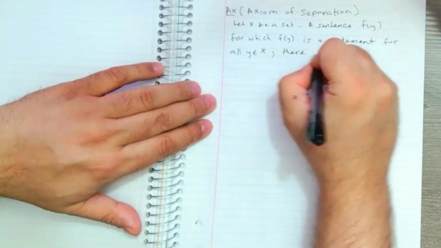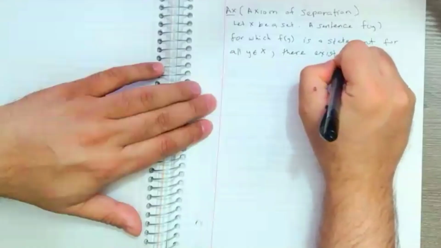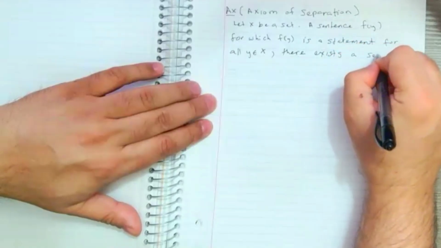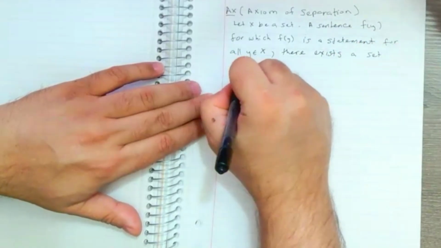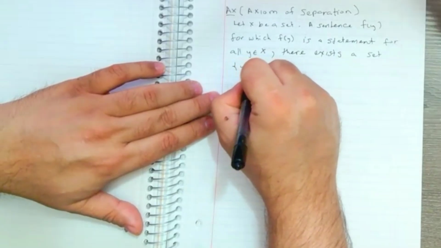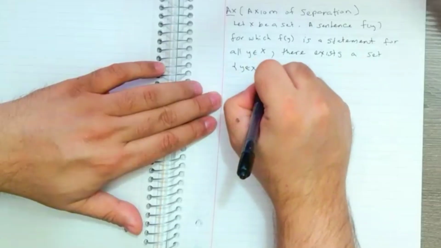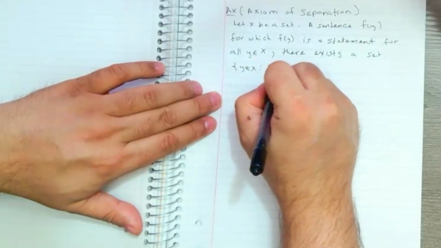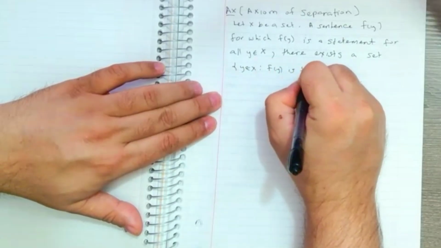There exists a set, which is the set of all those elements y in the set X, such that the statement f of y is true.